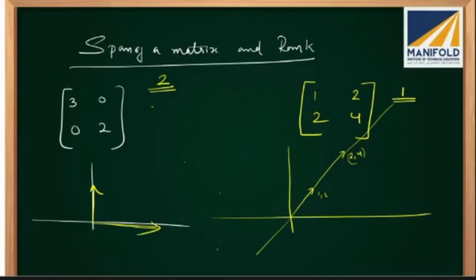Is it clear? So we'll take an example of a 4 by 4 matrix. Let us say 1, 3, 4, 5. Then 2, 1, 0, 4. Then 3, 4, 4, 9.